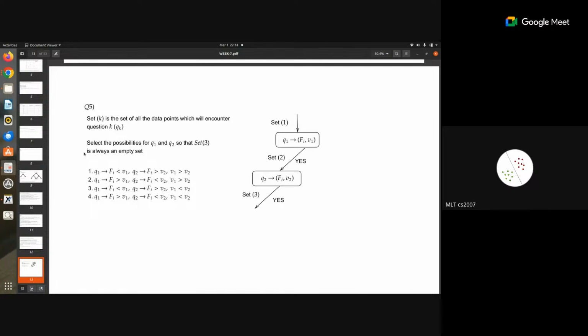Set one is the entire data set. Then you ask question one, and the data points are split into yes and no, and some will be in set two. After that you ask question two, and it goes on like that.